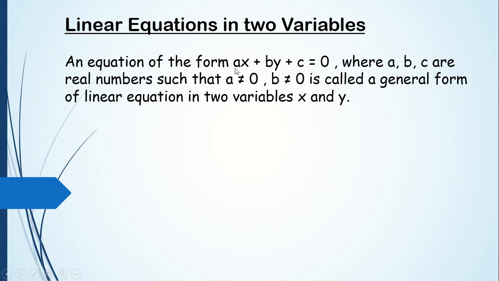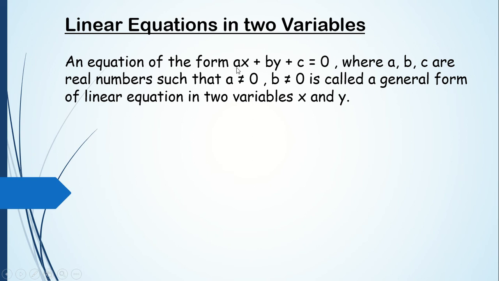An equation of the form ax plus by plus c is equal to 0, where a, b and c are real numbers such that a is not 0 and b is not 0, is called the general form of a linear equation in two variables x and y. So there are two important things.